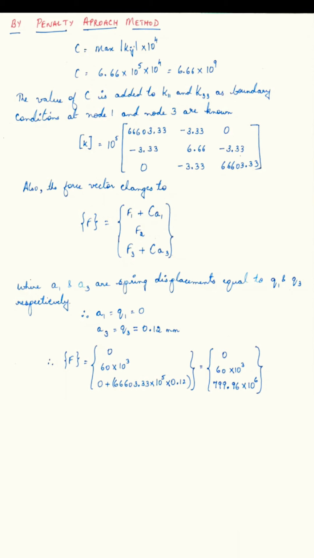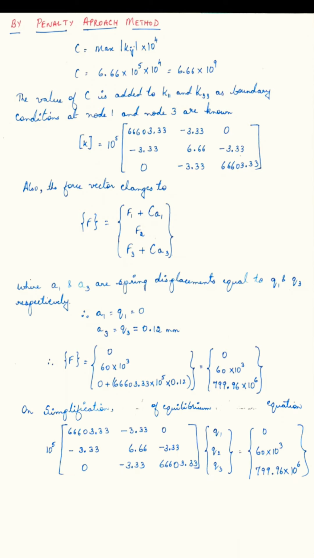F3 is 0, but CA3 is added. So it becomes 66603.33 into 10 to the power of 5 into 0.12, which will result in 799.96 into 10 to the power of 6. With the values known, we will formulate the equilibrium equation, which is K into Q equals F.